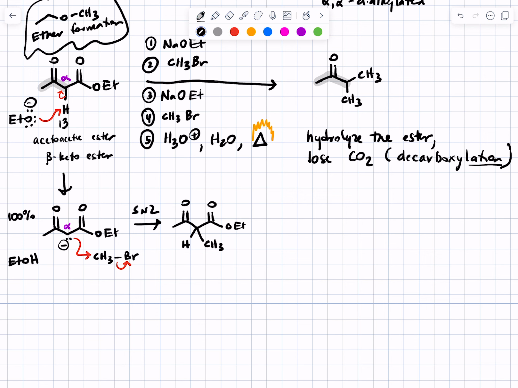At that stage, we still have another proton present whose pKa is again 13. So this was step 1, this was step 2. Step 3, we introduce ethoxide again. Again, we remove just that proton and we get this enolate.